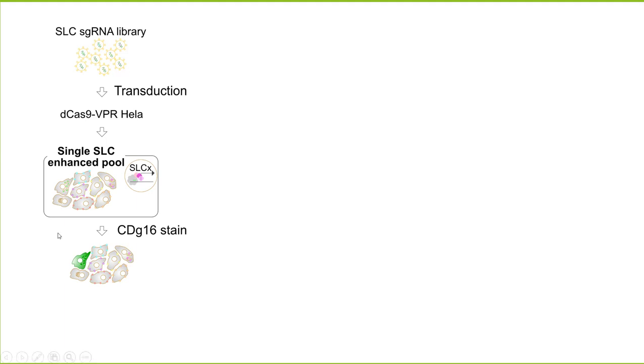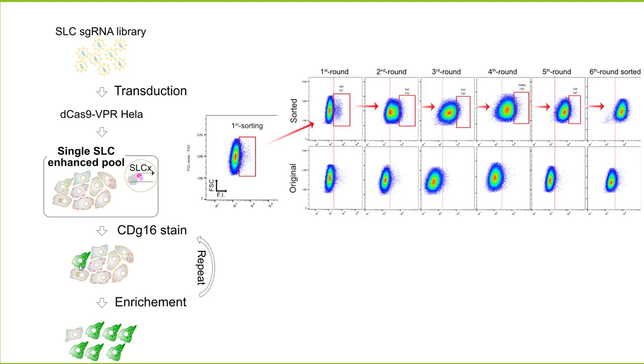And if one cell expresses that specific transporter which can take up this CD-16, it can be stained. And we select them out and repeat this enrichment, hoping that out of 400 targets, we have a chance to find that specific transporter which can be responsible for this selectivity.